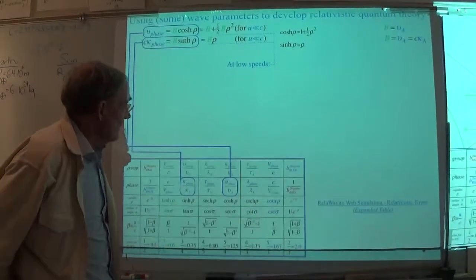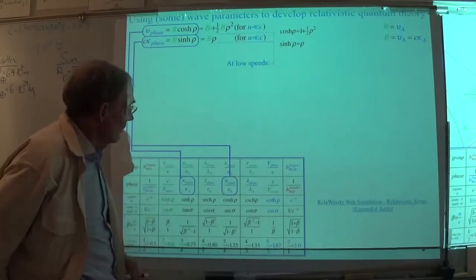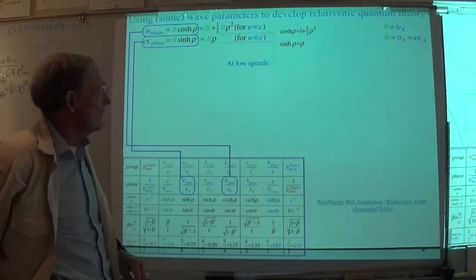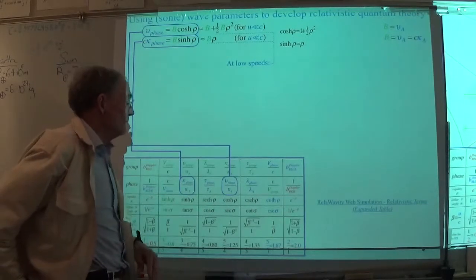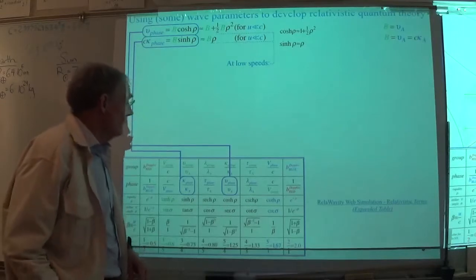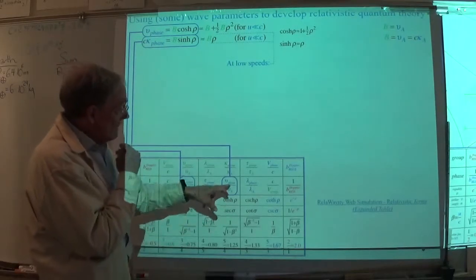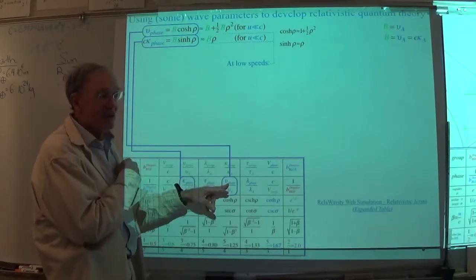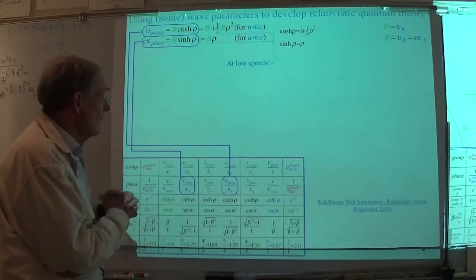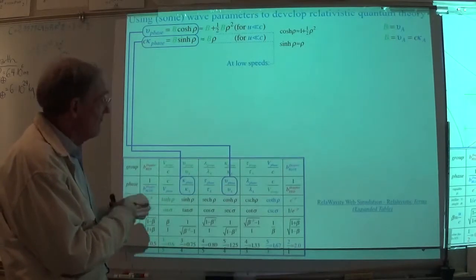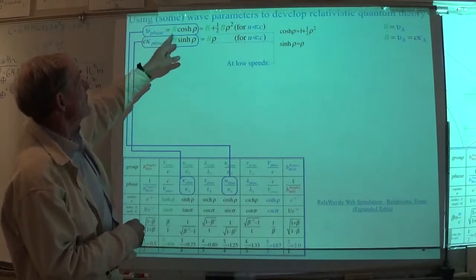So the idea is to examine one of these relativity quantities, and the one that I've picked out here is the one that has to do with the heartbeat of the waves we've been playing with. And that's the phase. And the phase has a frequency and it has a wave vector. So we're going to take a look at those two.